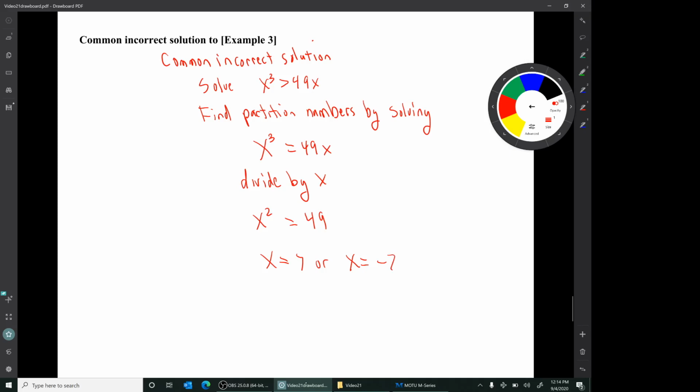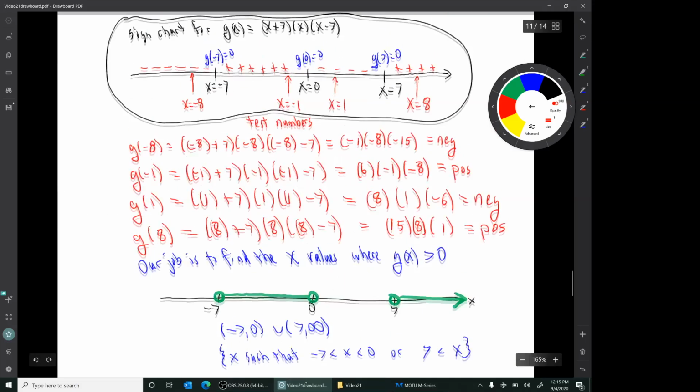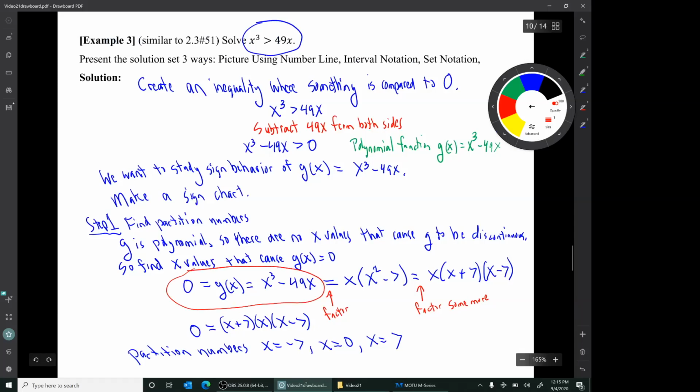Find the partition numbers first by solving this equation. Now, we did the same thing. We solved an equation to find the partition numbers, but we didn't quite do the same thing. We rearranged our equation to have a polynomial equaling 0. So we set up an equation where a polynomial equaled 0, and we factored and we solved that equation that way.